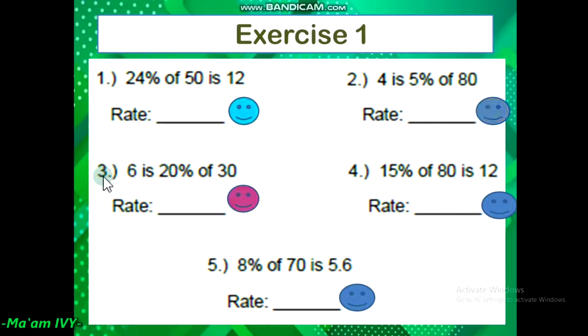Number 3, 6 is 20% of 30. Number 4, 15% of 80 is 12. And for number 5, 8% of 70 is 5.6. You are going to find the rate and express it as a decimal. That is for exercise number 1.